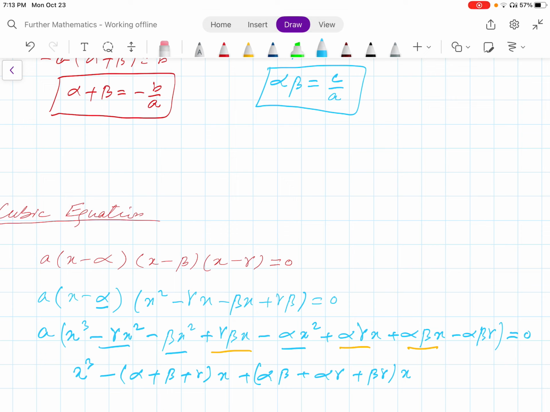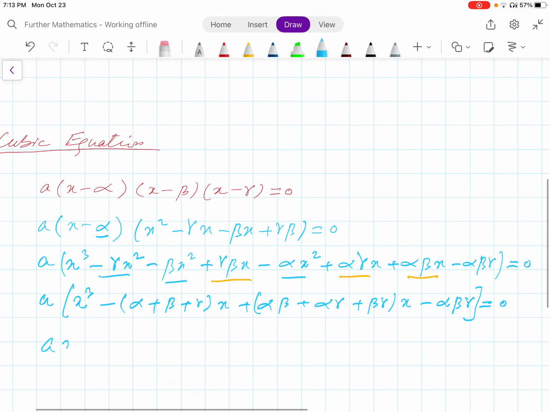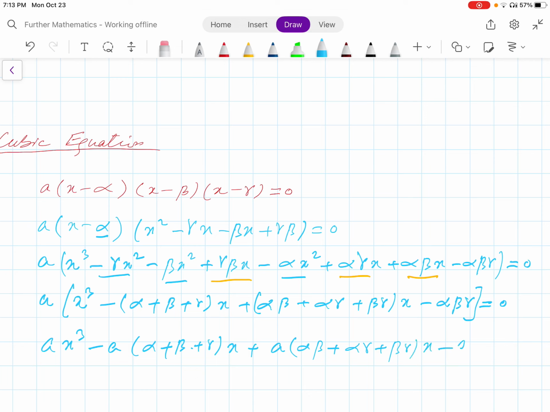And then in the end we have the product of roots, alpha beta gamma, equals 0, so we put a outside. So it's ax cubed minus a times alpha plus beta plus gamma, x squared, plus a times alpha beta plus alpha gamma plus beta gamma, x outside, minus a alpha beta gamma.